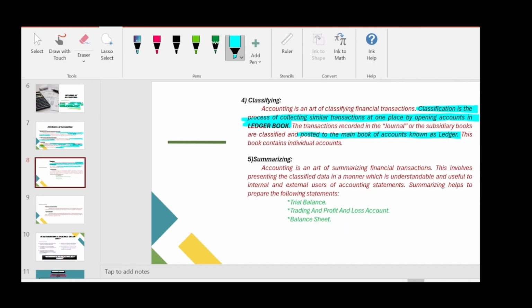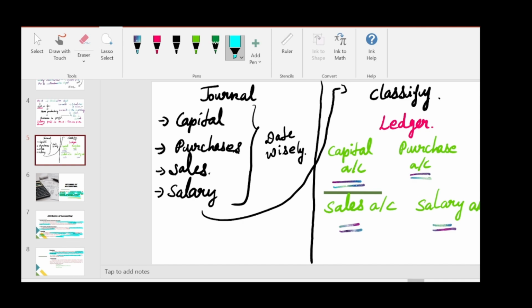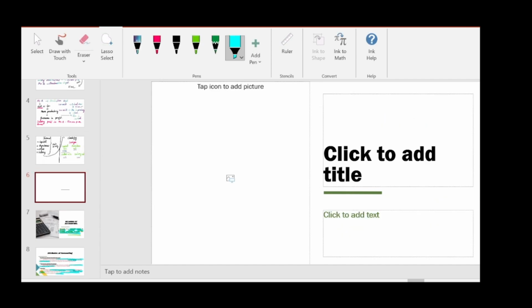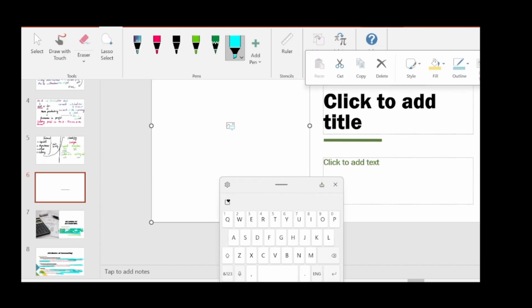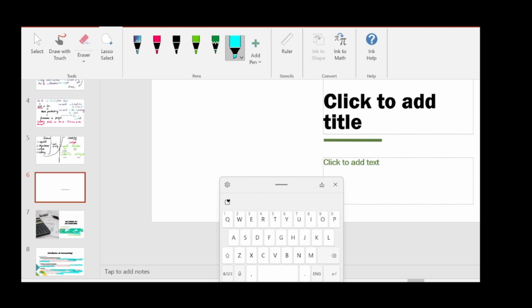The next topic is summarizing. I have posted all my accounting transactions in the ledger. I have opened an account for all the transactions and have posted them here. The next step is to summarize the financial transactions and events by preparing a trial balance.